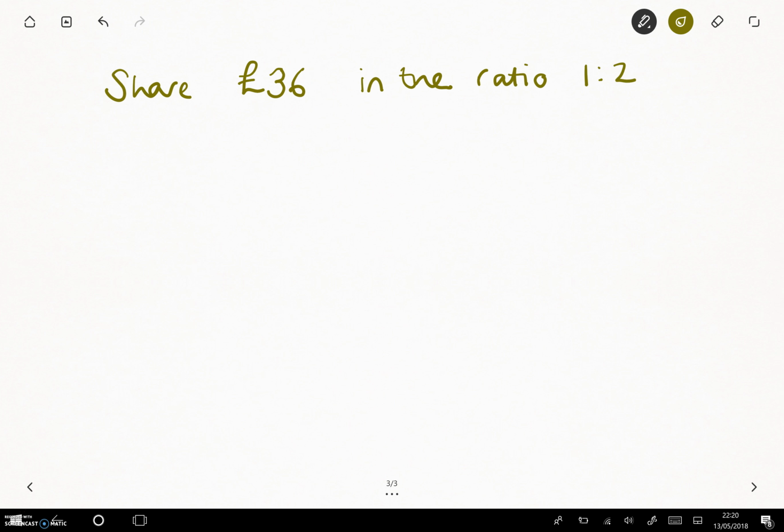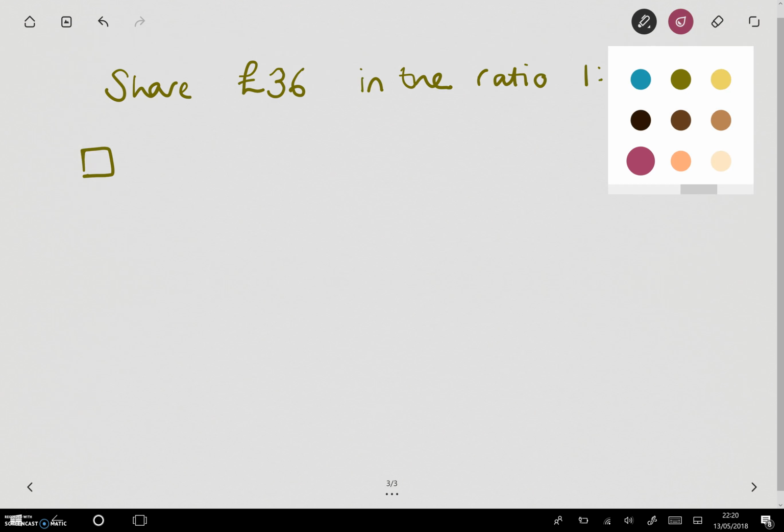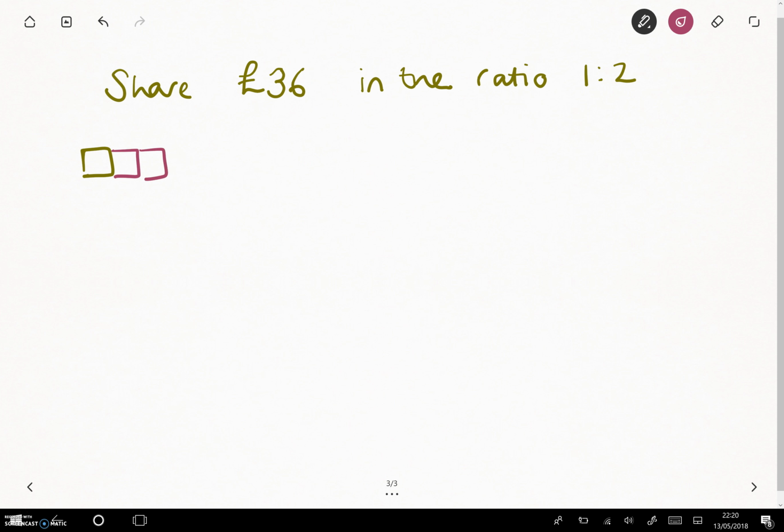Now, what I can do is I could draw boxes to help me. So, 1 box and 2 boxes there. And I can see I'm sharing £36 into 3. But I could just get that 3 straight away from doing the 1 add the 2. So, 36 divided by 3 is £12 per share.